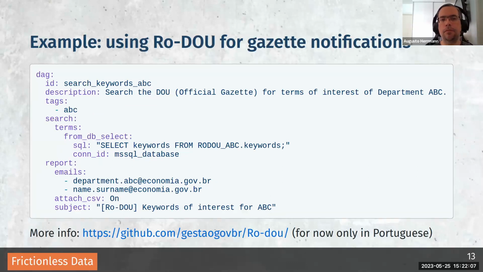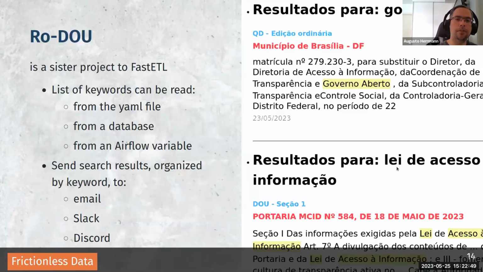And here's an example on how we can create a Rodot. Rodot is a sister project for FastETL that generates these notifications. When something comes up in the official gazette, you just tell the terms you want to search. It can be directly on the YAML file in which you configure the searcher, or you can read it from a database, and you can also define where you want to send the report to, whether by email, or Slack is also supported, Discord as well.